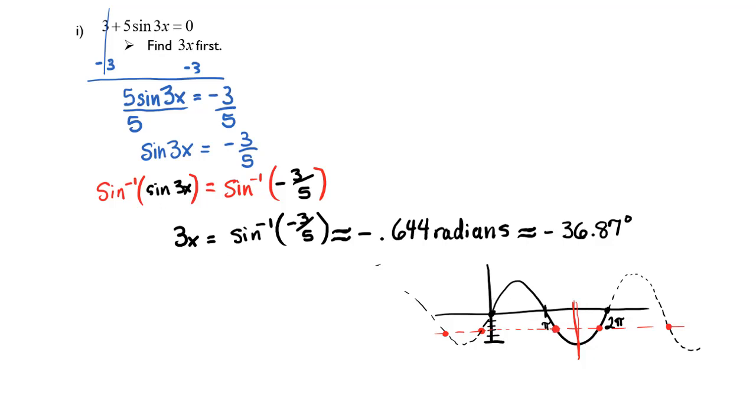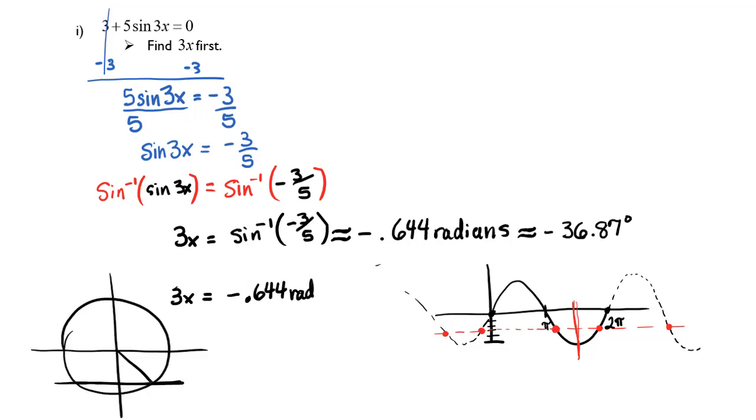That means that if we want to define the different angles that will exist, we will have 3x equals -0.644 radians. If we think about it on the unit circle, it will be -0.644 radians.